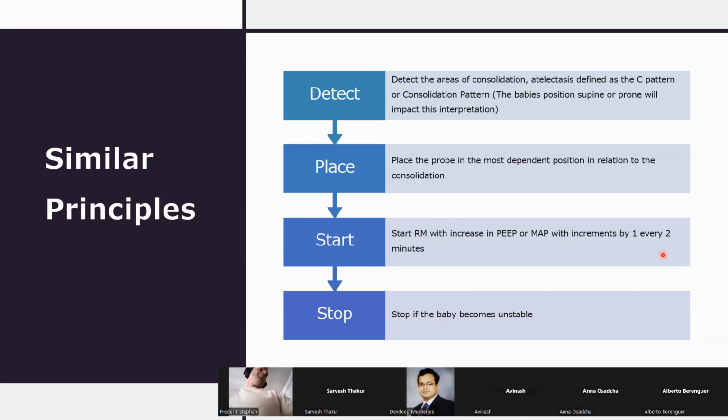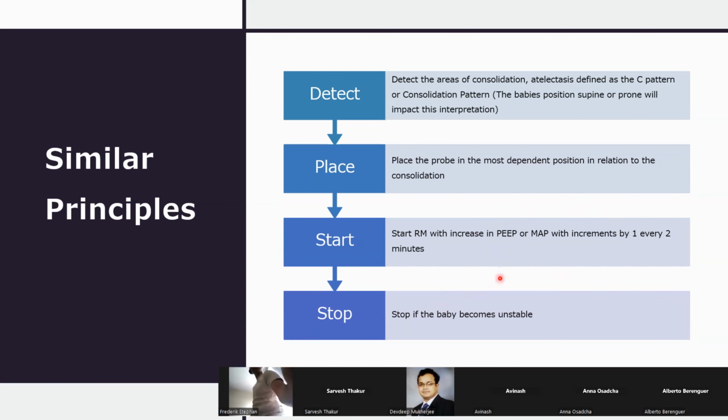On the other hand, in the baby that we've just seen, where there's extensive atelectasis with quite uniform lung disease, both on the right and on the left, my site of interest would be naturally the left, which was worse. But really, you could either go up on the volume, and I tend to use volume of 0.5 mils per kilo. In the protocol by Capetti, they increased the PEEP for babies who were on conventional ventilation with increments by 1 every 2 minutes, usually with increments tailored to about a maximum of 4 to 5.